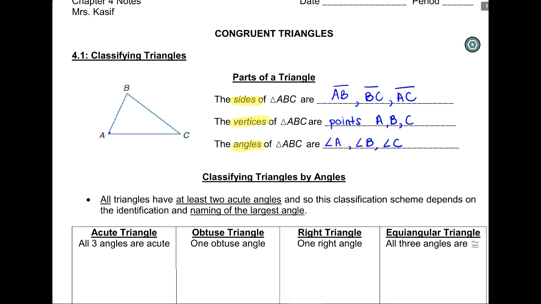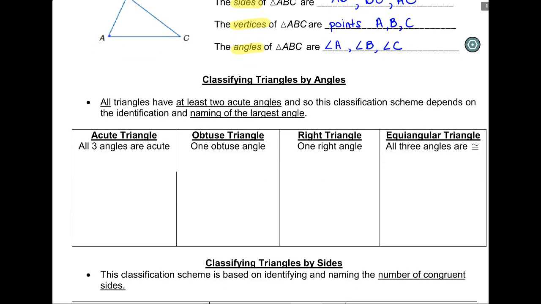Now, classifying triangles. Is this when we're supposed to be learning that all angles in a triangle add up to 180? Because I've been using that in multiple proofs. That's something you usually learn in elementary or middle school, but this is where you actually get the theorem.